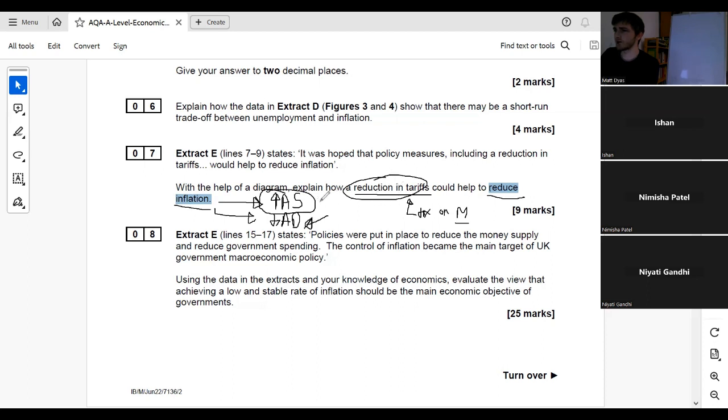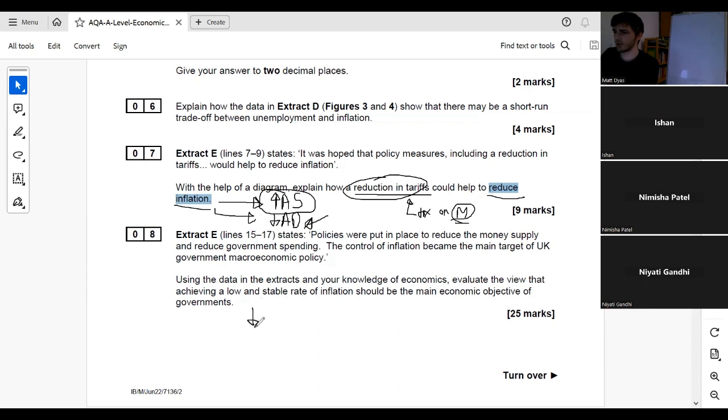We could say reducing tariffs will reduce the cost of imported raw materials, which will decrease overall production costs, which will shift our aggregate supply. Or we could say reducing tariffs will make imports cheaper, which means M will increase, which will bring AD down. So, like I said, for Niati's initial comment, you can make the argument that, and let me annotate this because this is going to get quite hectic.